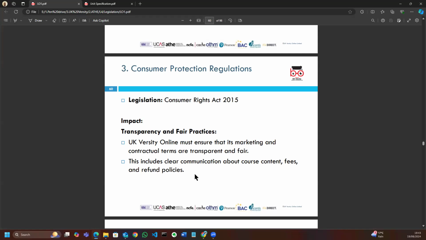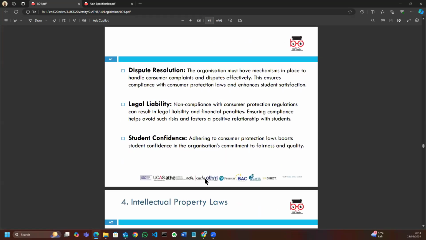This is going to include clear communication about course content, fees, and refund policies. Also, we will have dispute resolution, legal liability, and student confidence.